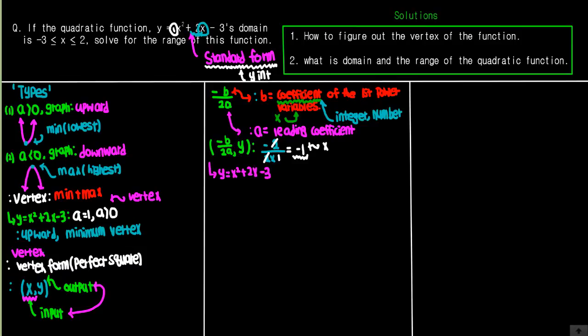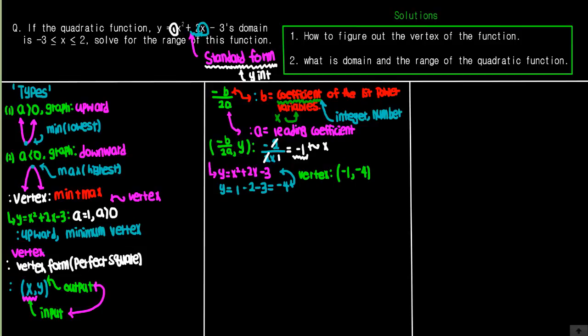So if you input -1 for every single x term, we're going to get y is equal to 1 minus 2 minus 3, which ends up being -4. So we can figure out that the vertex of our quadratic function, which is the minimum point or the lowest point in our quadratic function, is -1, comma, -4.